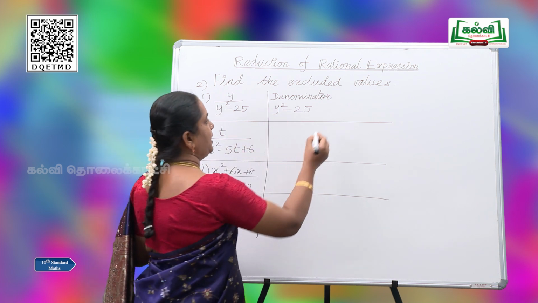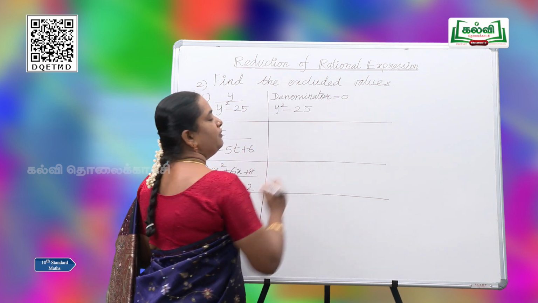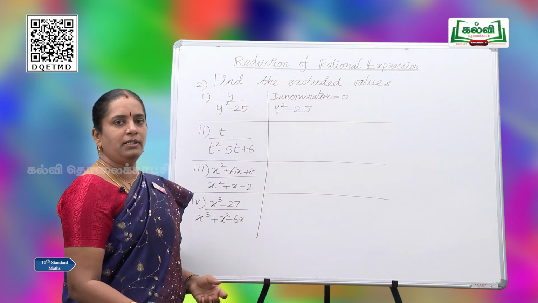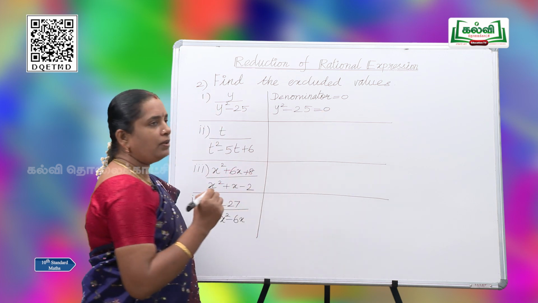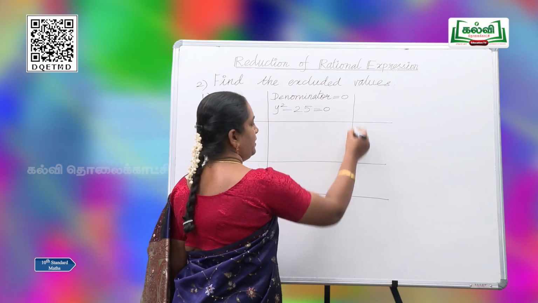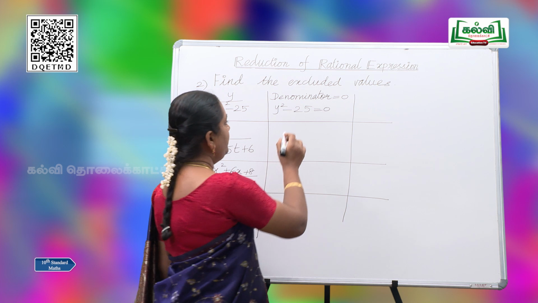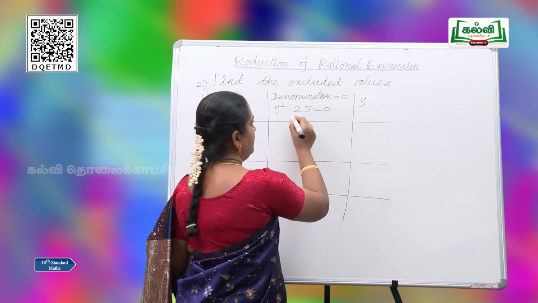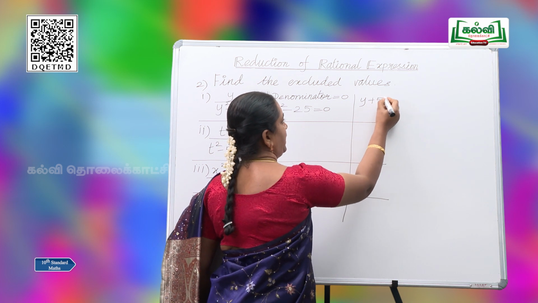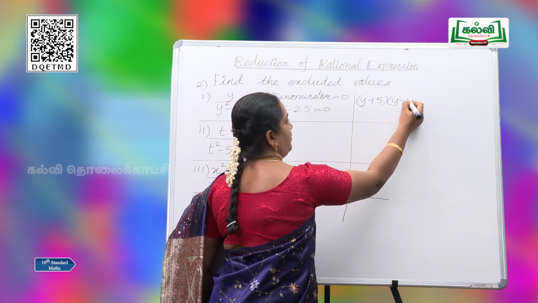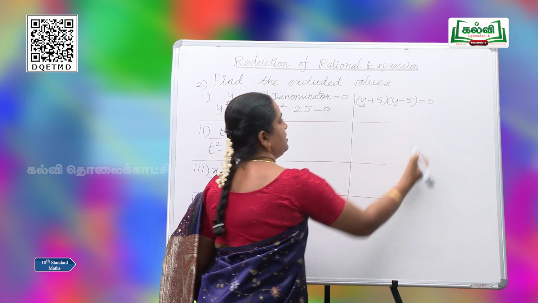We have to check for the values of y for which it becomes 0. So, we have to equate the denominator as 0. Equating this to be 0, what values do we get? Those are the excluded values. So, we have to factorize this expression y square minus 25 as y plus 5 into y minus 5 is equal to 0.